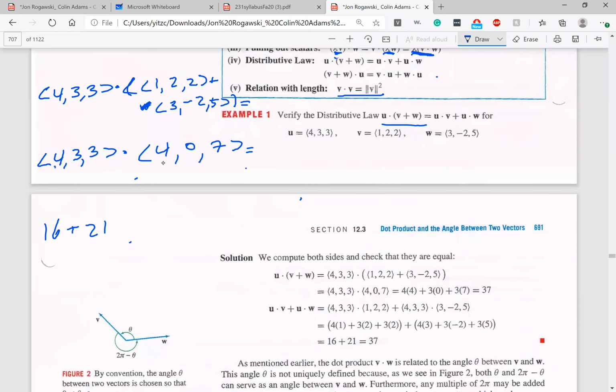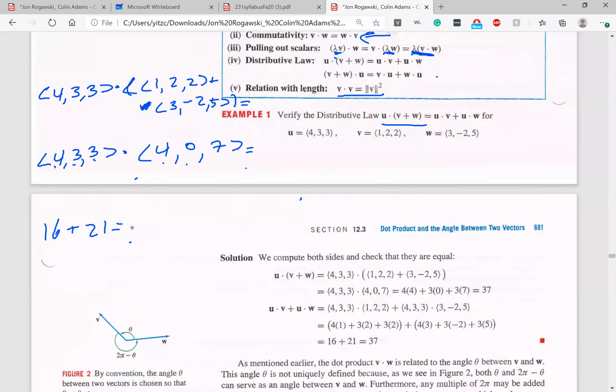This times that is 0, and that times that. And then this is going to give me 37. So when I do U dotted with V plus W, we get 37.